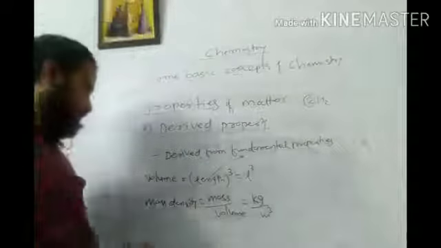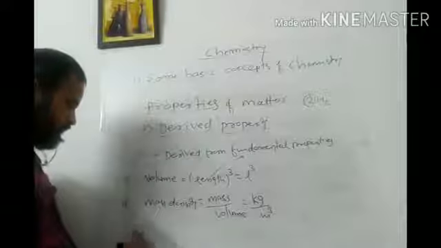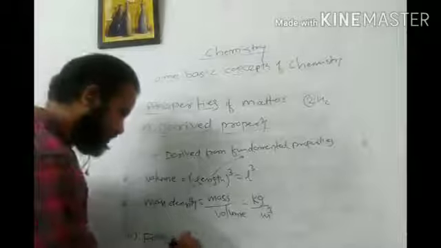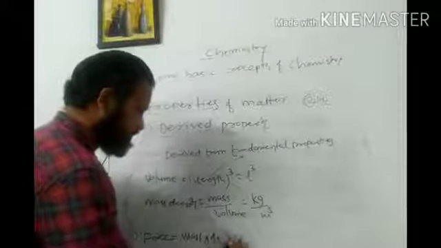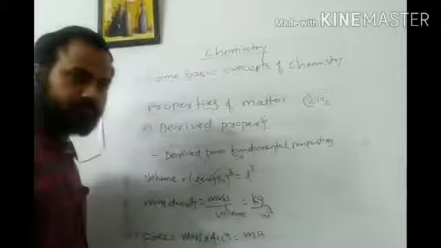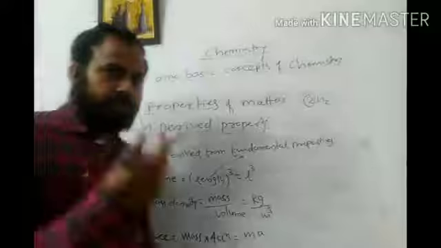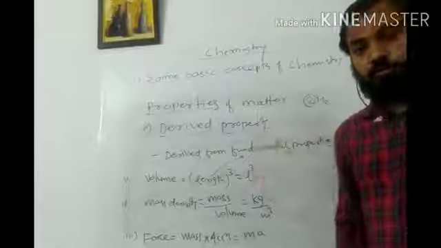Okay, then we will see the third example, that is force. Force is equal to mass into acceleration, which is equal to ma. Again, mass is a fundamental property, and acceleration is nothing but the rate of change of velocity with respect to time.